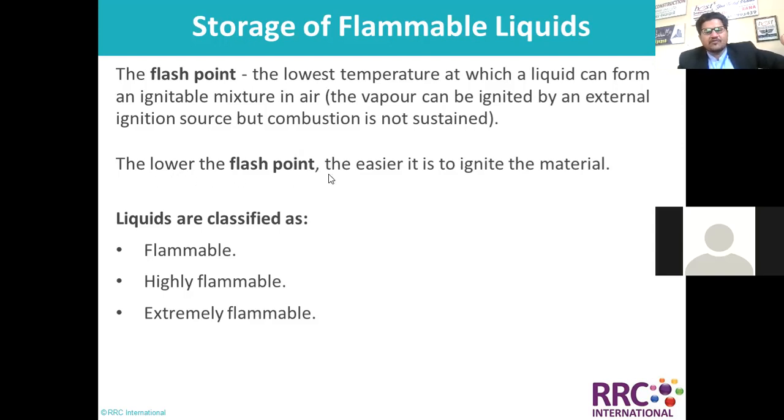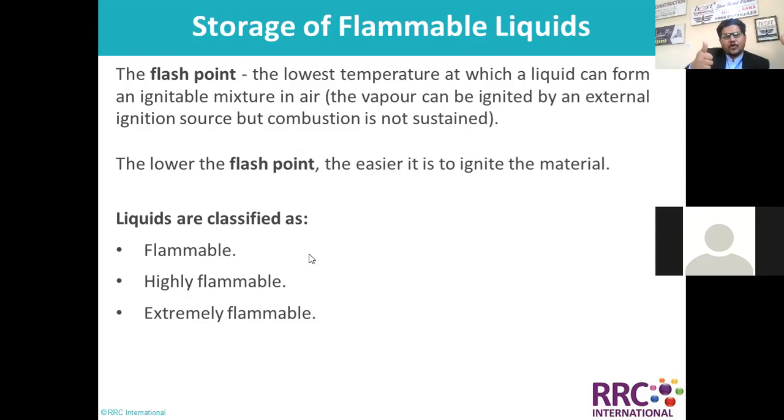Now, the lower the flash point, the easier it is to ignite the material. So there are classifications of all liquids, like flammable, highly flammable, and extremely flammable. It is also labeled with numbers if you buy any chemical. If you see 4 in red color, I repeat again, red represents flammability.